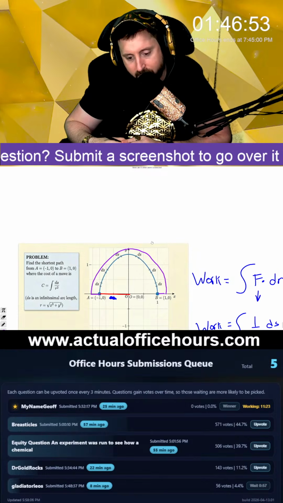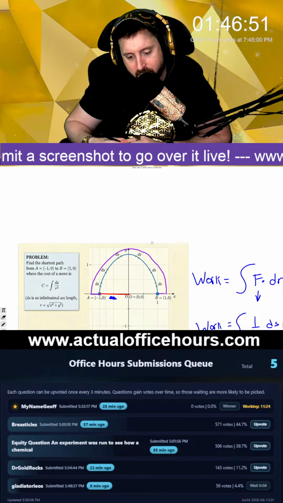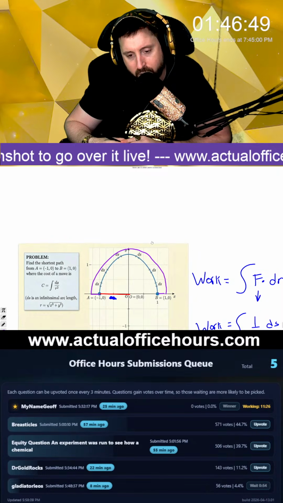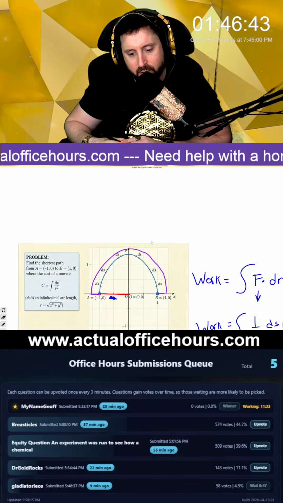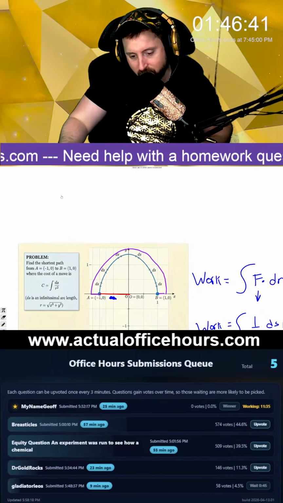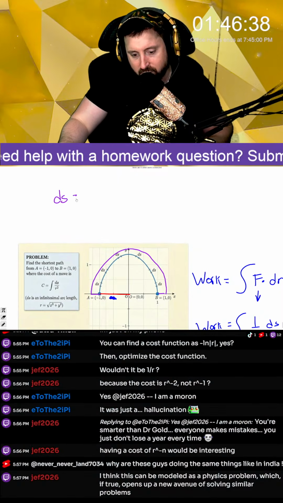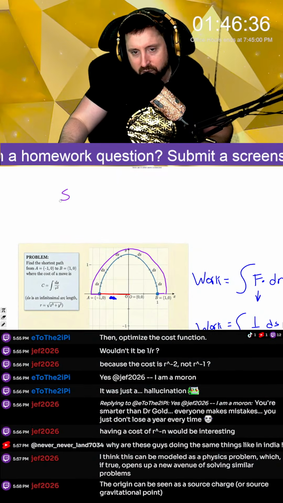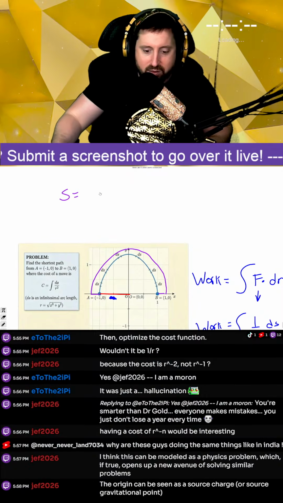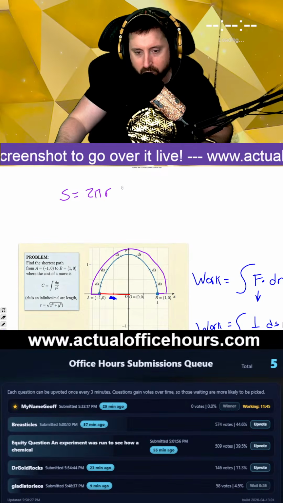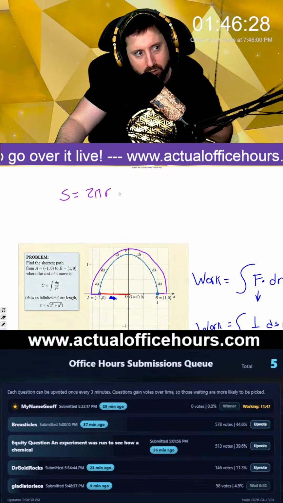Okay, I think I kind of see how this works. Integral ds over r squared. Let's say s is going to be equal to 2 pi r.